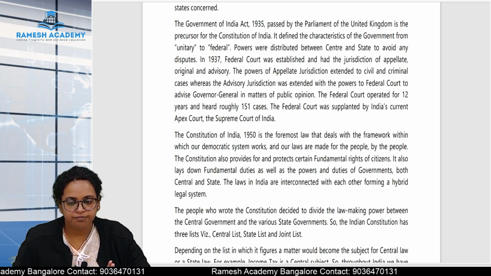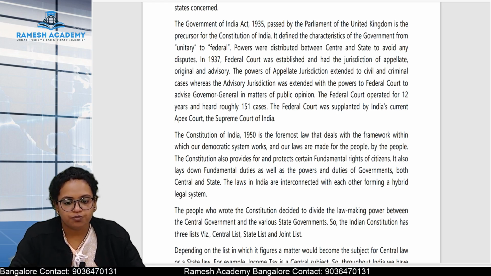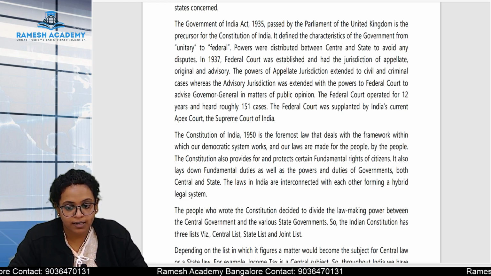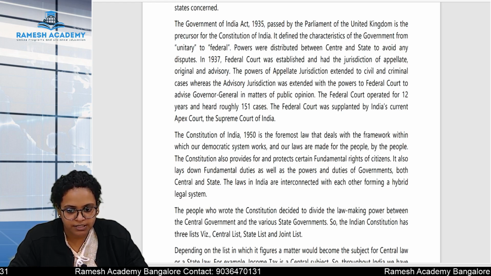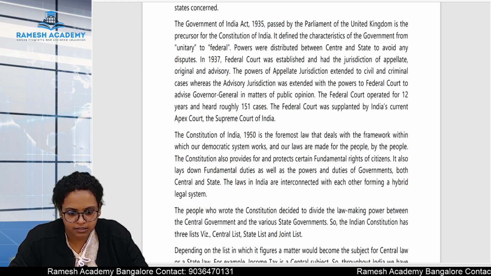So we have two things here. The federal court was established and had a jurisdiction of appellant, original and advisory. The powers of appellant jurisdiction extended to civil and criminal cases.